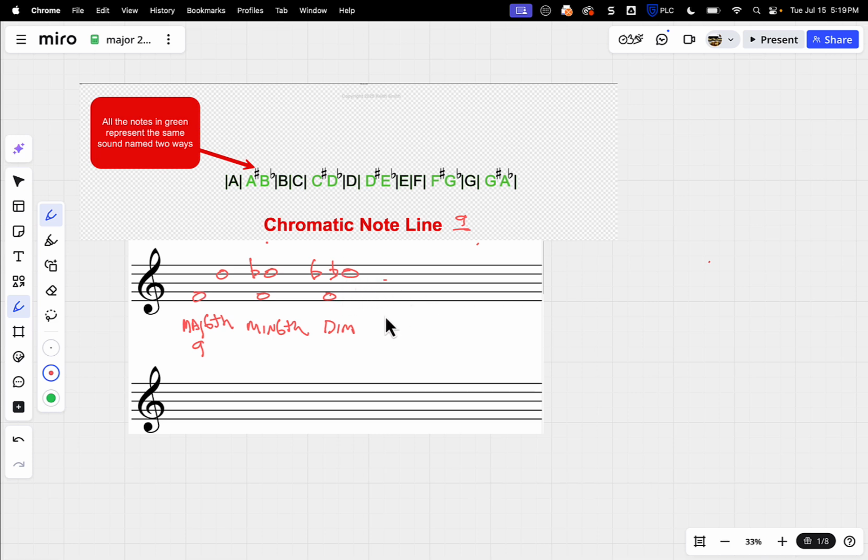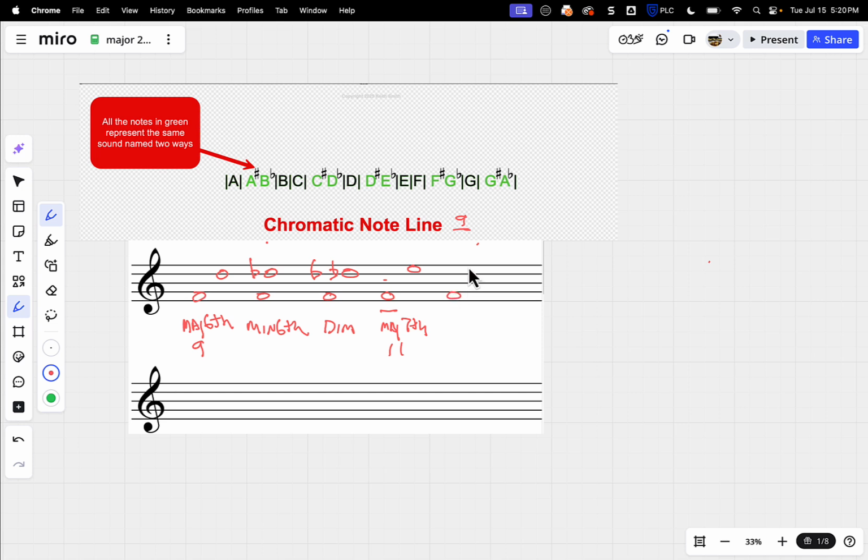The only other one we have then is our seventh, and this one can be pretty important. If we go F to E, that is a major seventh, which is 11 half steps. It's important, I just want to mention 11 half steps. Don't get this confused with a major seventh chord, but there is a little bit of confusion that can happen with major seventh and seventh chords and stuff, but we'll get into that.